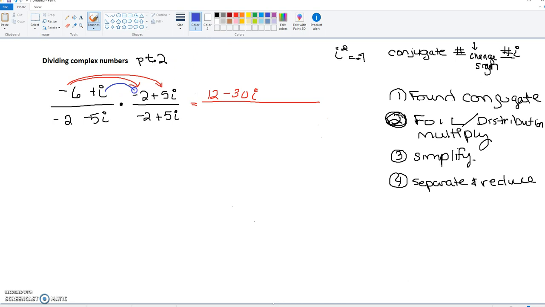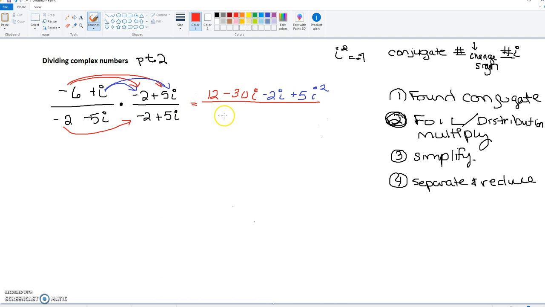And I've got i times a -2, so it's -2i. And then i times 5i, which is 5i squared.